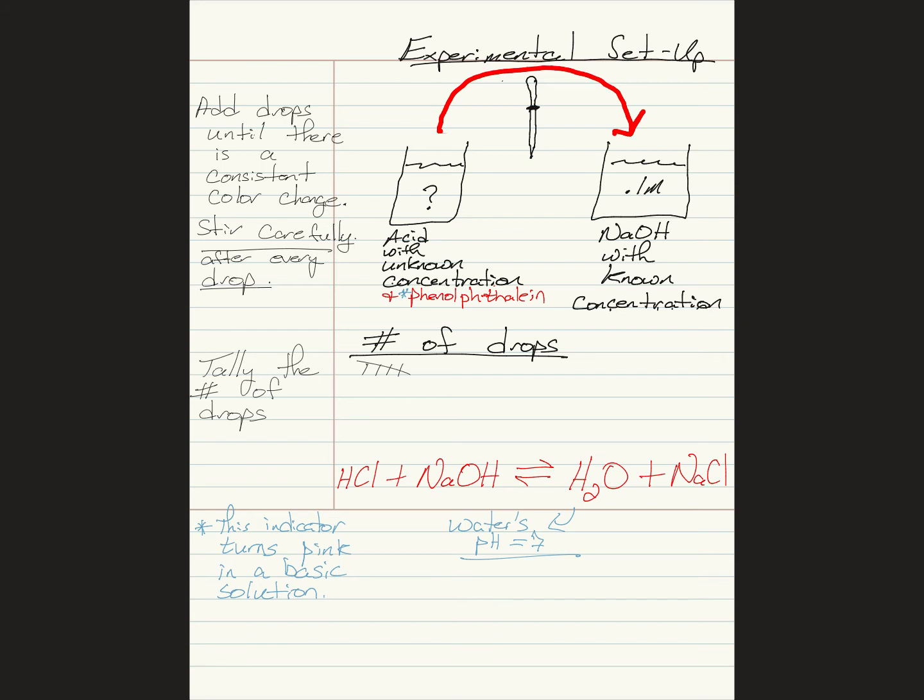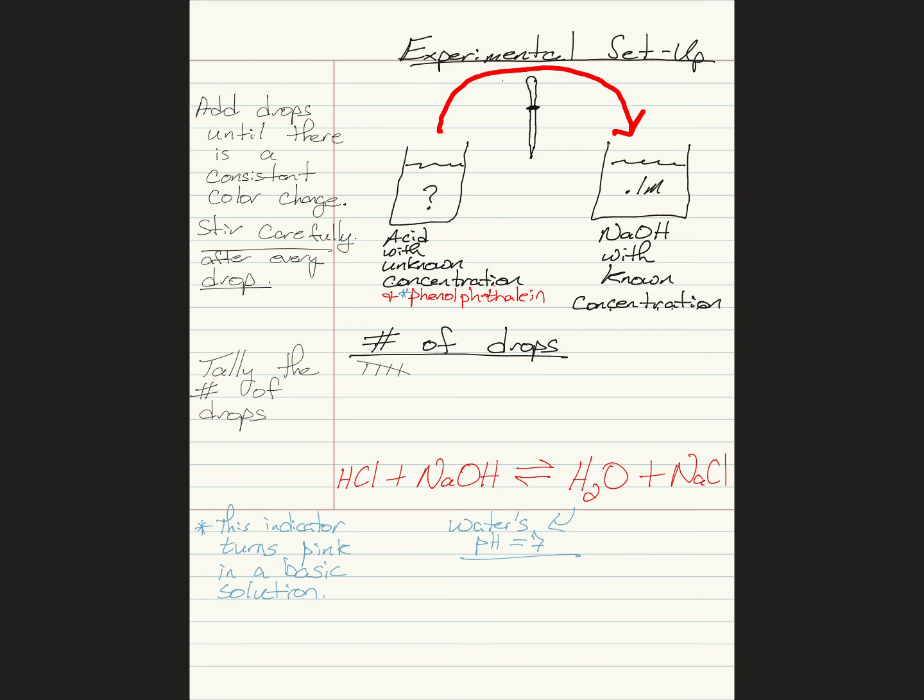Here are the steps. The problem here is that phenolphthalein is not being added, so this is not right. I don't know why this is still on there. Oh, no, I did that right.